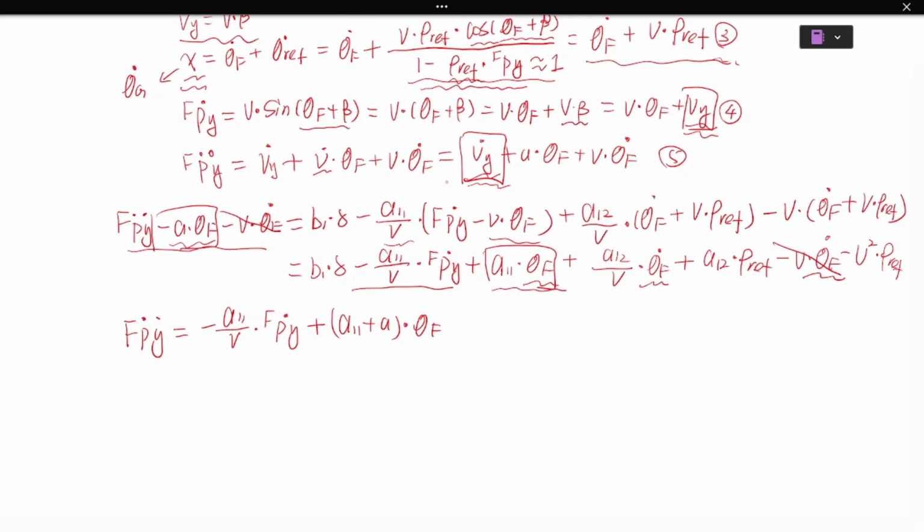Next is the theta f dot term, a12 over v times theta f dot. So the next is b1 times delta plus a12 minus v square times rho ref.